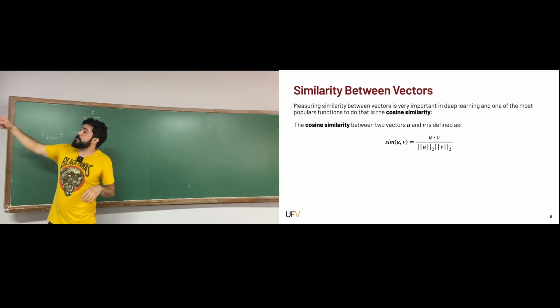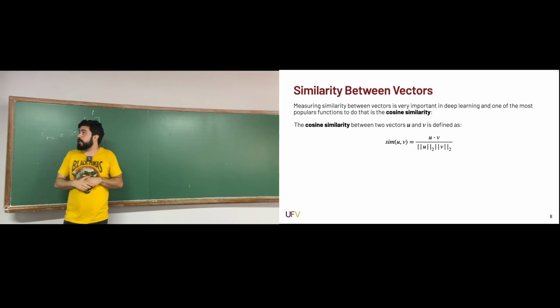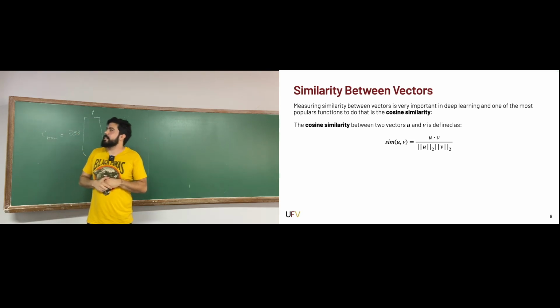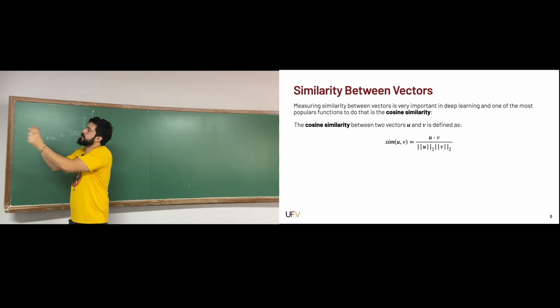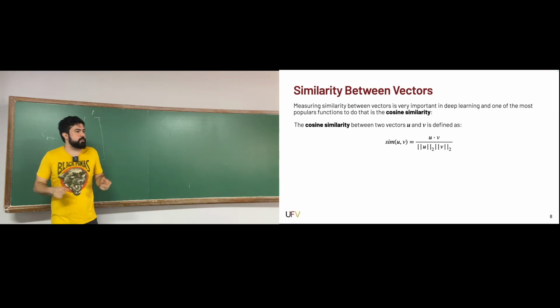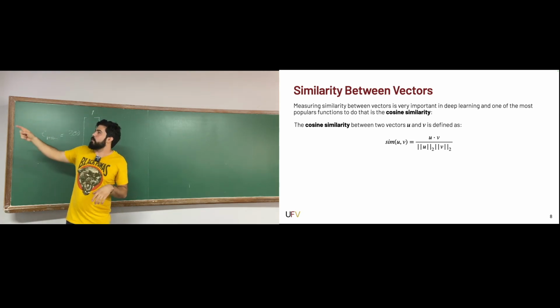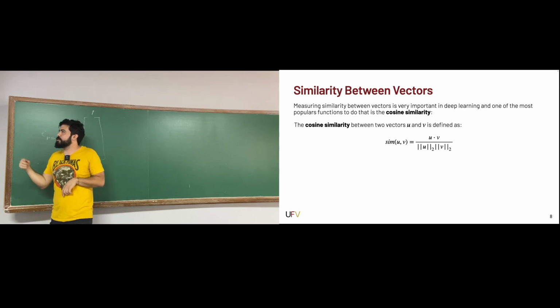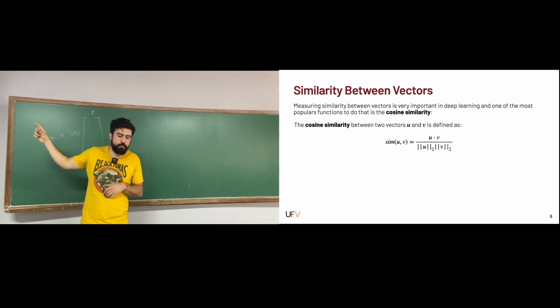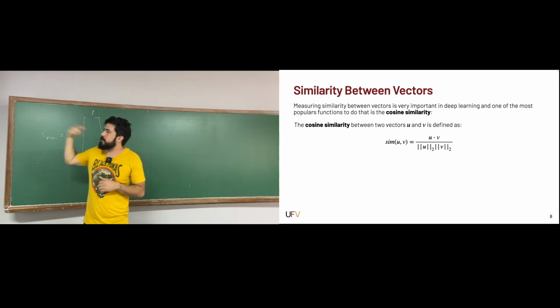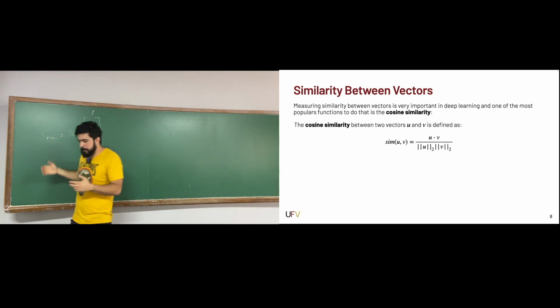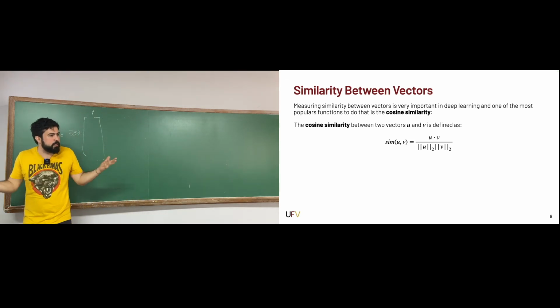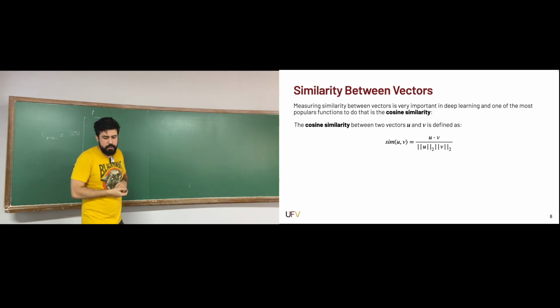The cosine similarity between two vectors u and v is defined by this formula, which comes from the dot product. The similarity between u and v is the dot product of u and v divided by the product of the magnitudes of these vectors. What you're seeing there, the two bars with the 2 at the bottom, is just the L2 norm of u multiplied by the L2 norm of v, the Euclidean norms we normally use in geometric vectors.